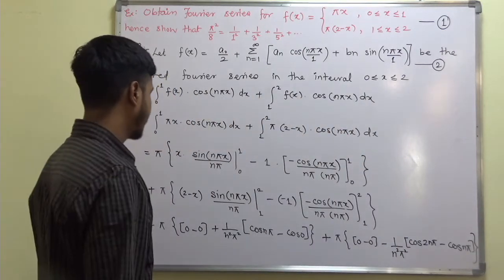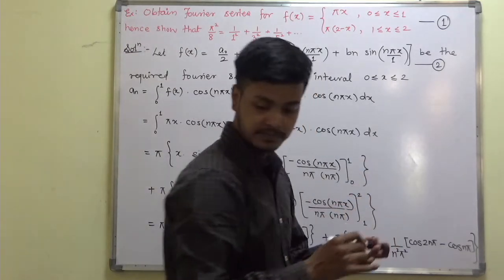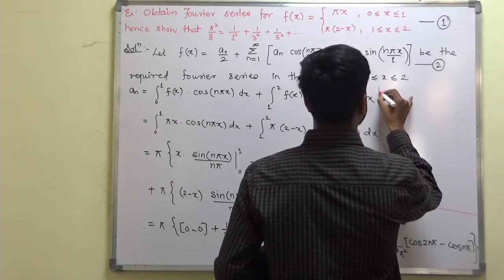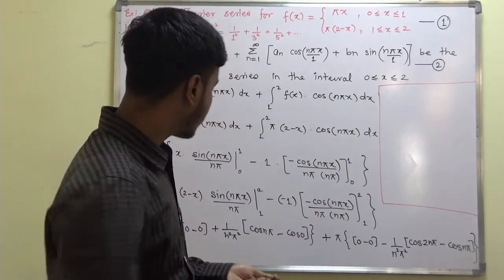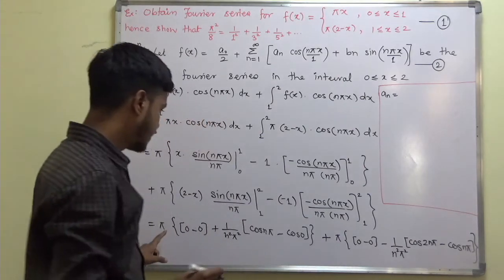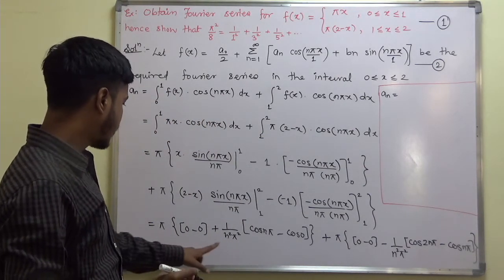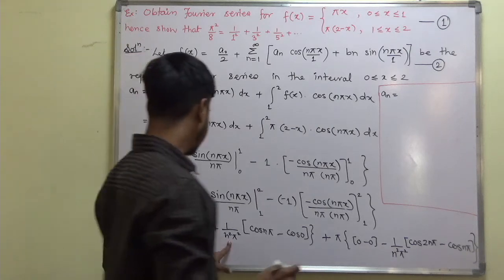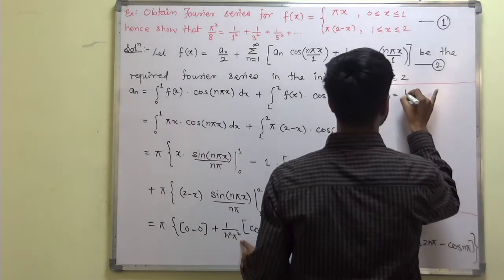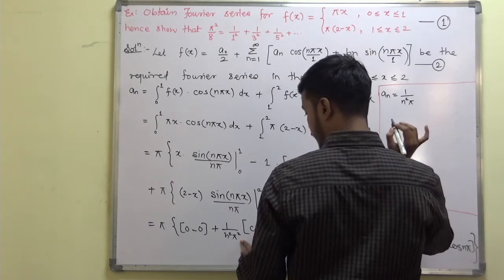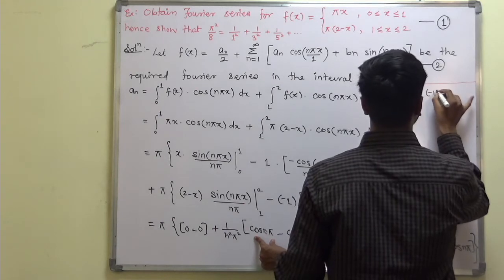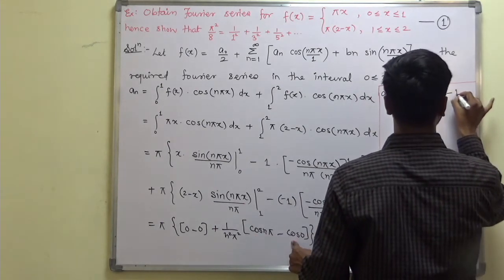Okay, let me solve here, we have some space. So this an is equal to, what is it? We can take this common. Okay, pi pi get cancelled. This pi gets cancelled with this. So this is 1 upon n square pi. Cos n pi is minus 1 to the power n. Cos 0 is 1.